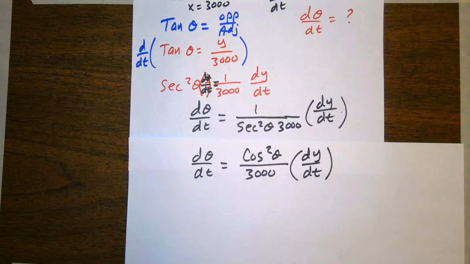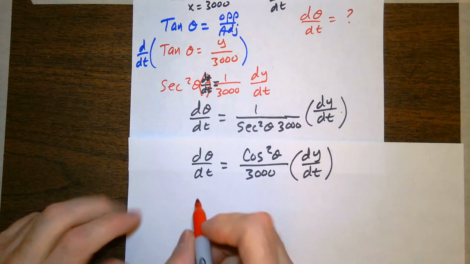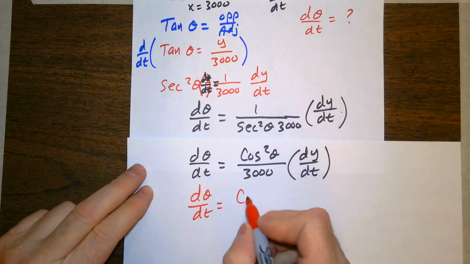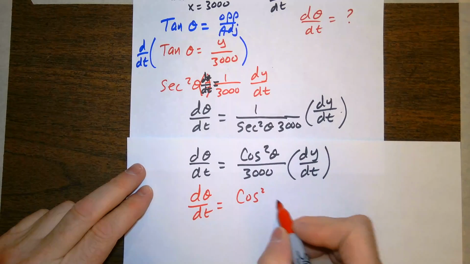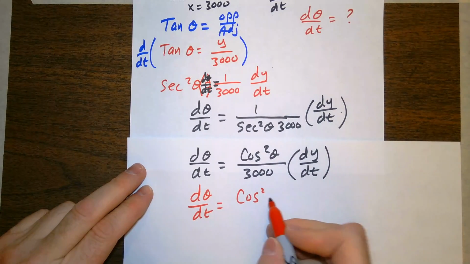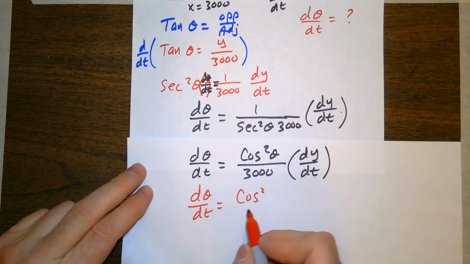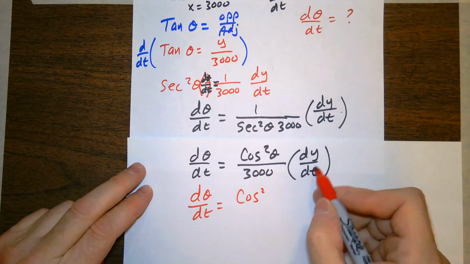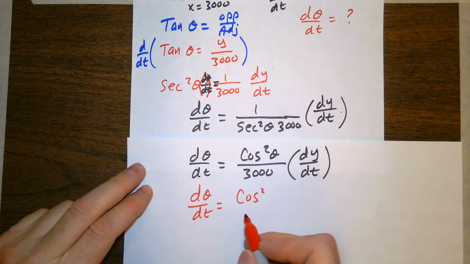All right, so here we go. Now let's put in the information that we know. d theta/dt is going to be the cosine squared of the angle. Oh, I never found out the angle, did I? I'll work the angle over here in a moment. We need the angle. And then dy/dt, that's going to be our 880, and then the 3,000.